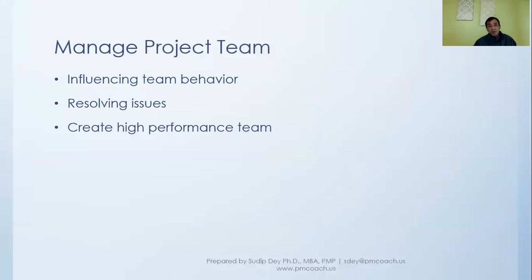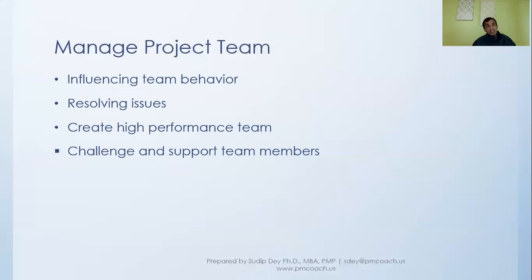We will create a high performance team, as we have talked about, and we will continually have to challenge and support team members. On one end, we have to challenge the team to do better and do more, because challenging is another way to make them grow.